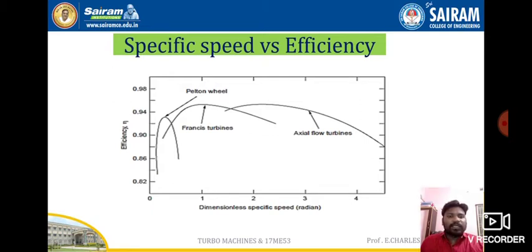If you look at the Pelton wheel, the efficiency rises and then comes down, whereas in the case of Francis turbine and axial flow turbines, it gradually improves. The efficiency will not rise at one point and then decrease, but it gradually increases. So that is the difference in the graph between the Pelton wheel, Francis turbine and axial flow turbines. This is the graph between specific speed versus efficiency.